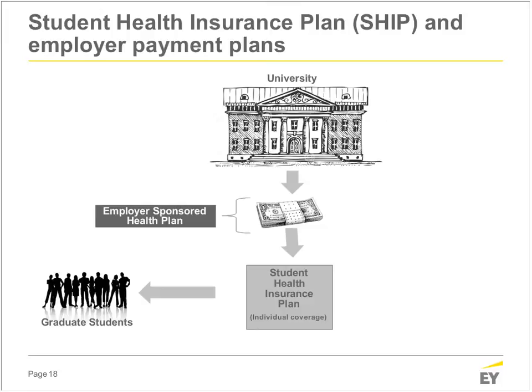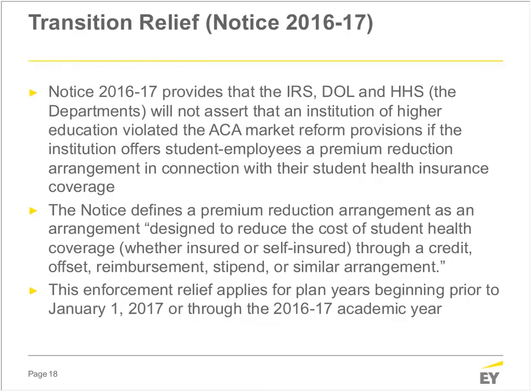So I think the Treasury Department understood that there were large numbers of colleges and universities that were subsidizing their student health insurance plans for graduate students. And under the guidance that Helen just described, institutions that are subsidizing, in many circumstances, their student health insurance plan that is individual coverage would be at risk of triggering the excise tax that Helen described.